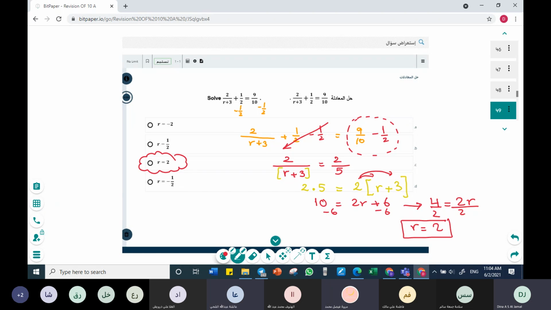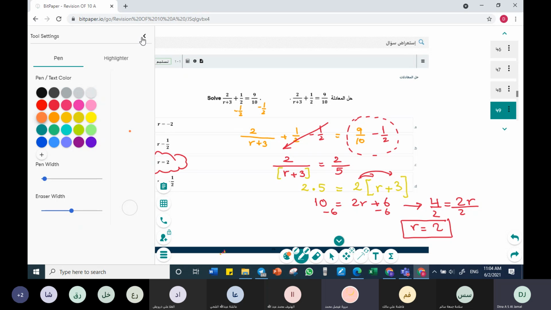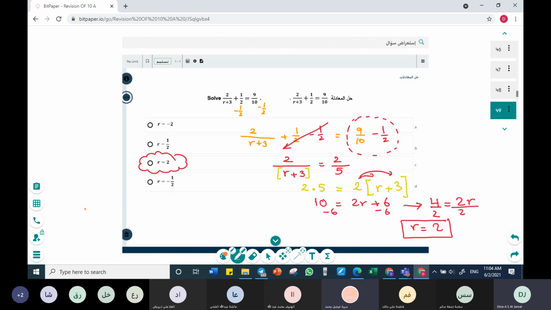We will substitute 2 for r. Excellent. So, if you would like to check your answers, you can, because sometimes you will be having an extraneous solution. So, check 2 over 2 plus 3, plus 1 over 2.